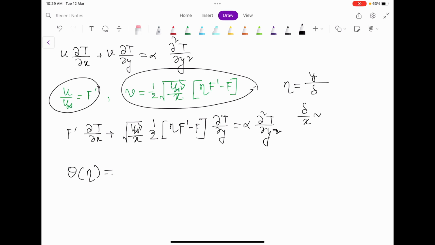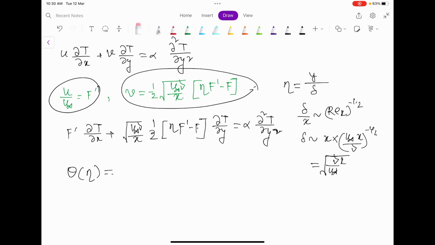So delta by x was what? Rex whole to the power minus half, and that means delta was in the order of u infinity x by nu whole to the power minus half. That means nu by u infinity root and x, right?